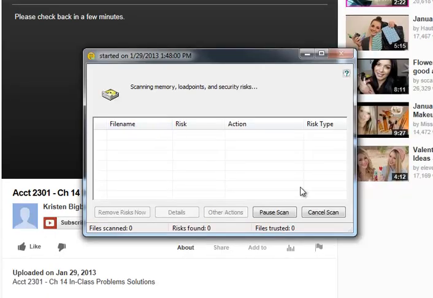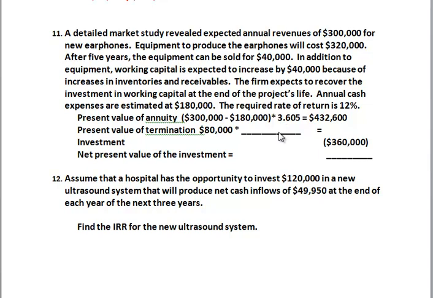So at termination, when we're done using the machine, we're going to get our $40,000 of working capital back. Plus, we're going to be able to sell the equipment for another $40,000. So the present value of the termination is $80,000. That's the working capital at the end of the life plus the $40,000 salvage value, and those are two separate things.